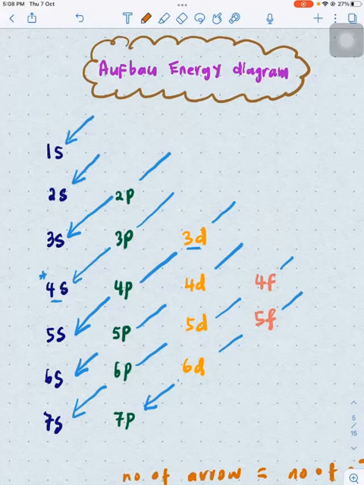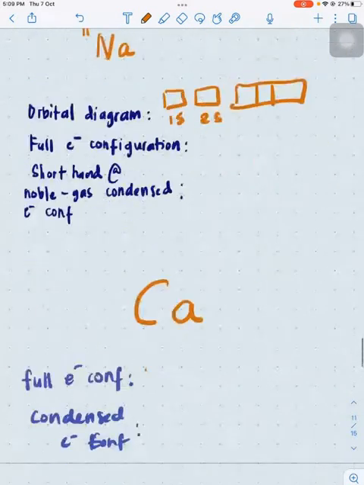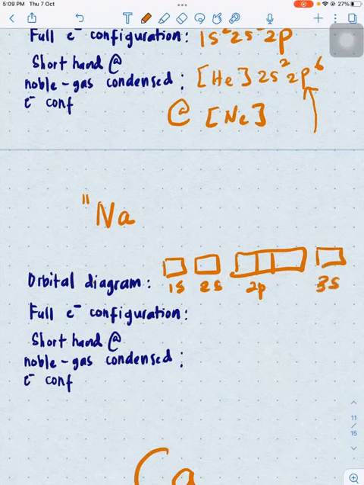So bila 10 dekat 2p, maknanya kita perlukan satu lagi lah orbital which is 3s. So you boleh bajet dah daripada Aufbau energy diagram ni berapa kotak nak kena lukis. So untuk sodium maksudnya kita perlukan kotak 2p dan juga 3s. Okay. So 1, 2, 3, 4, 5, 6, 7, 8, 9, 10. And this is the 11th electron.